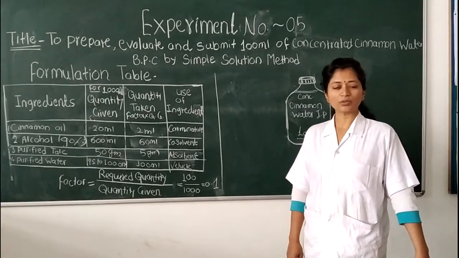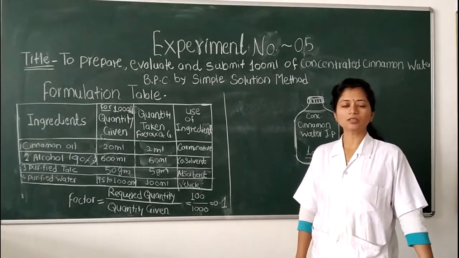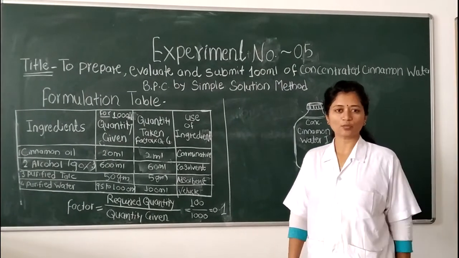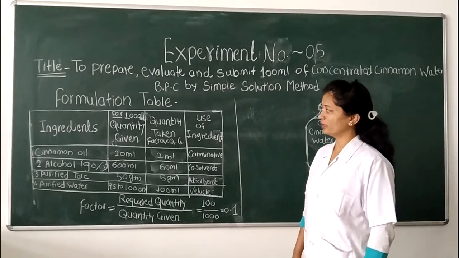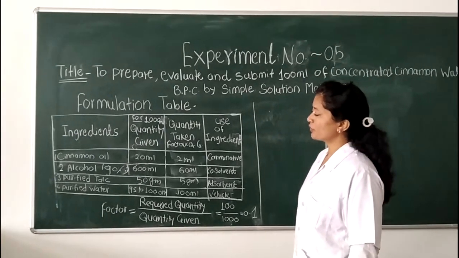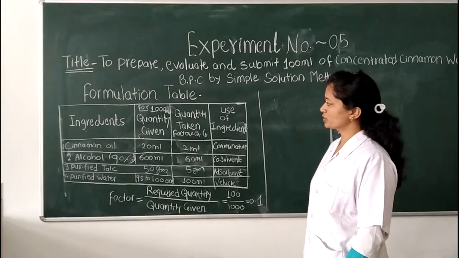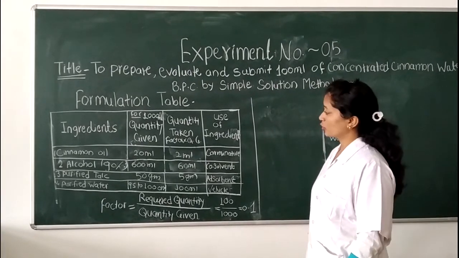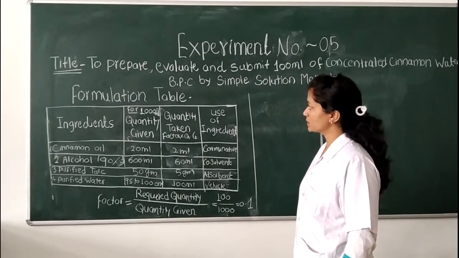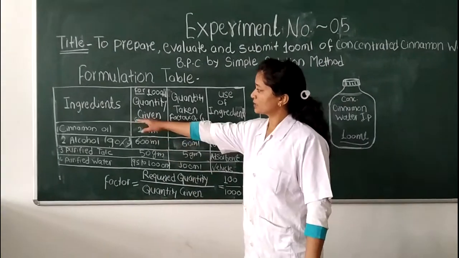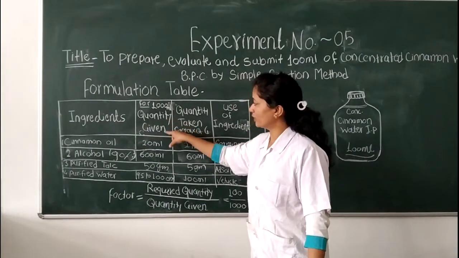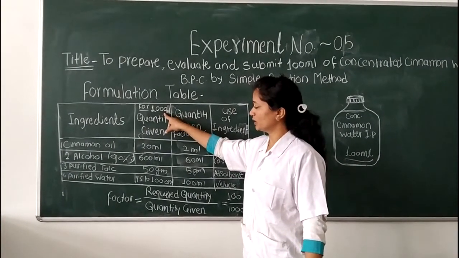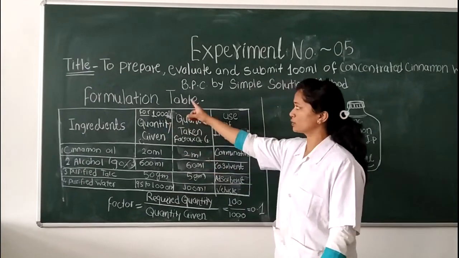After getting familiar with the apparatus and chemicals, let's move towards the formulation table. This is the formulation table required for making concentrated cinnamon water BPC. The first column contains the ingredient, then the quantity given for 1000 ml in the British Pharmaceutical Codex.